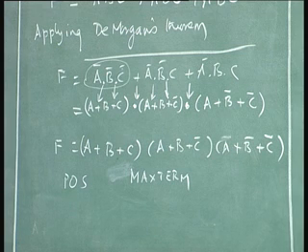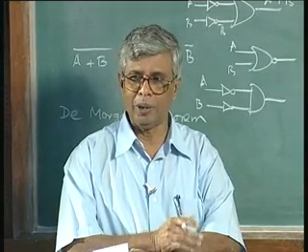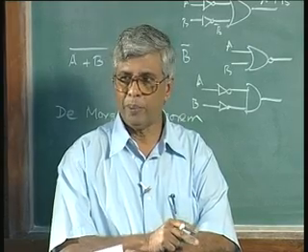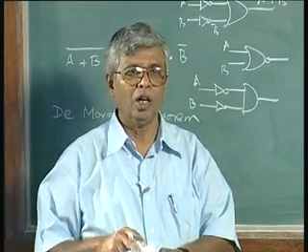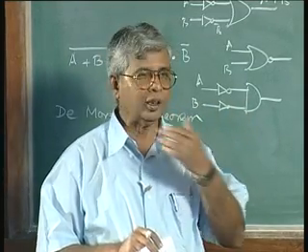Min term, when you look at it, is ABC type of thing. Max term, when you look at it, is A or B or C. So if you apply the OR operation, it is called a max term. Each of the 8 terms of the truth table can be written as a max term.